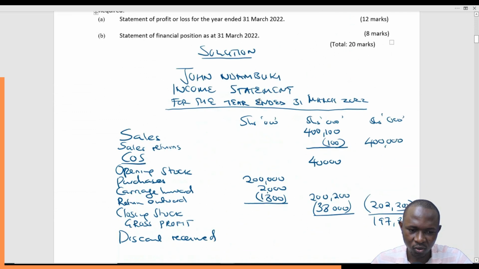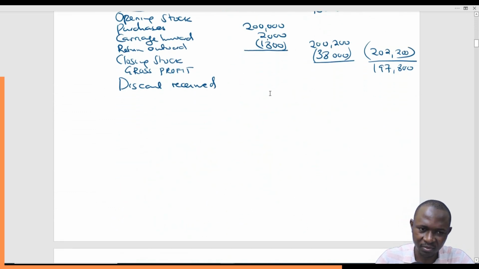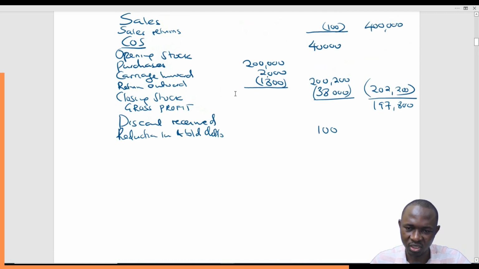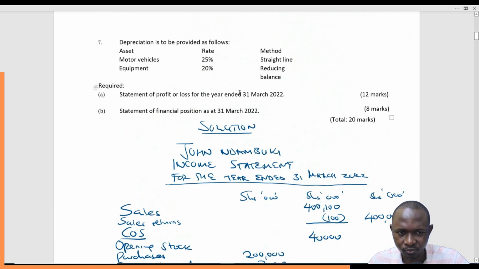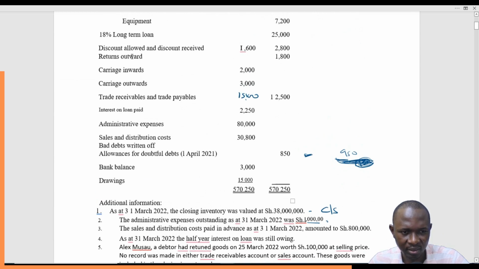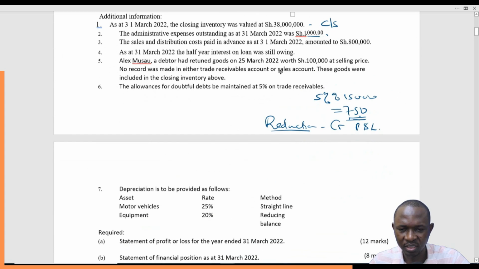Now that we know we have two items, discount received and reduction in allowance for bad and doubtful debts, the best is to have them in the inner column. And the reduction in bad and doubtful debts is only 100 shillings. The discount received was 2,800.